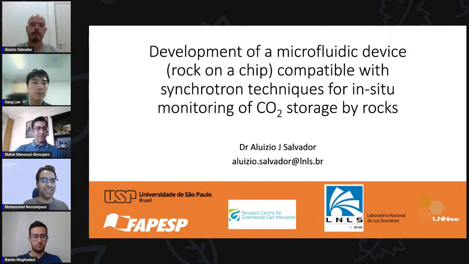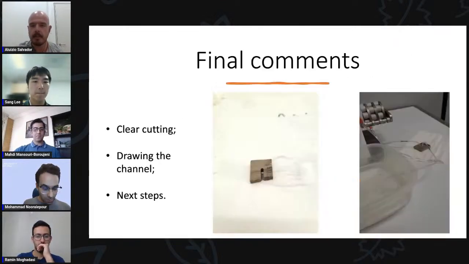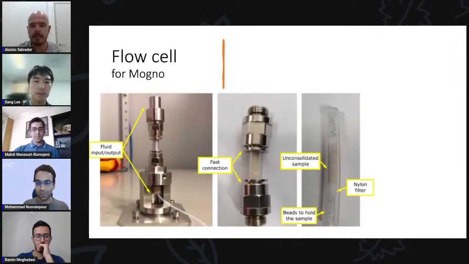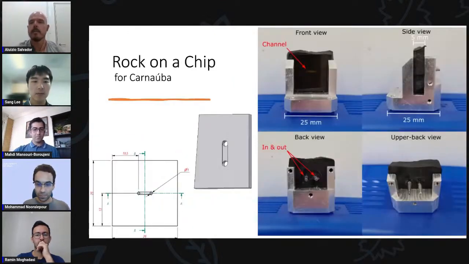Fang, you had a question? Yes, just a quick follow-up regarding the experimental method. Can you explain a little about how you sealed the rock to another material? I think I'm coming back to my presentation. You can see it, right? Here, where the channel is drilled, on this surface, we have just Kapton tape.